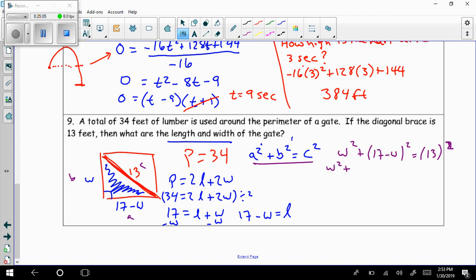Remember, square the first term, so 289. You take the product of the two terms times 2, so that's minus 34w, and then you square the final term, so plus w squared equals 169.